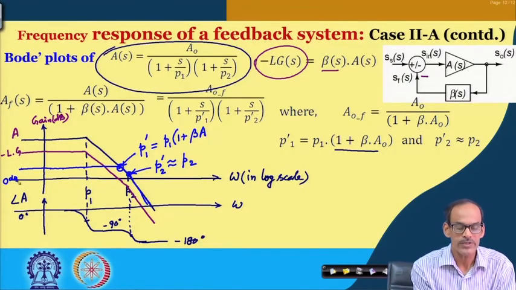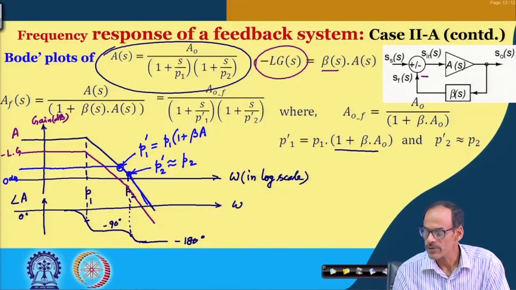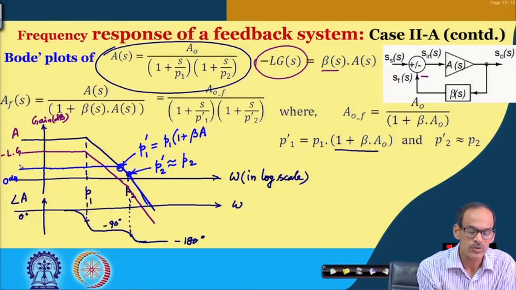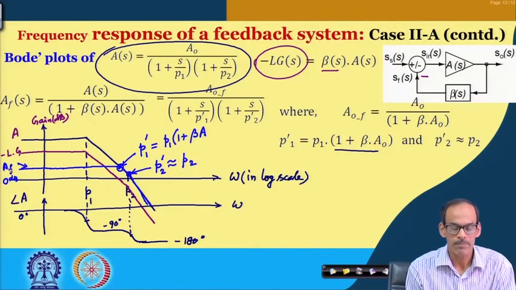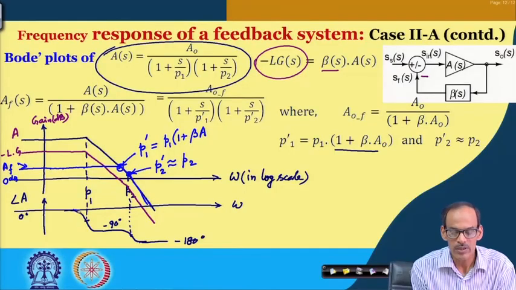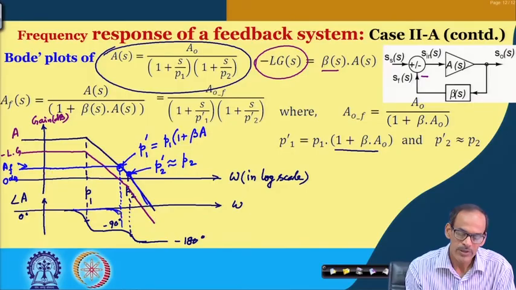Now, if I consider AF on the other hand, this is the gain of AF in dB, and its pole is here. Obviously, its phase continues till it approaches P1 dash, and here you can see that it will have a step, and then probably it will have the other one.